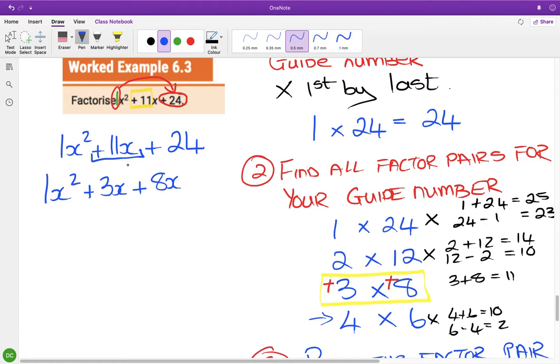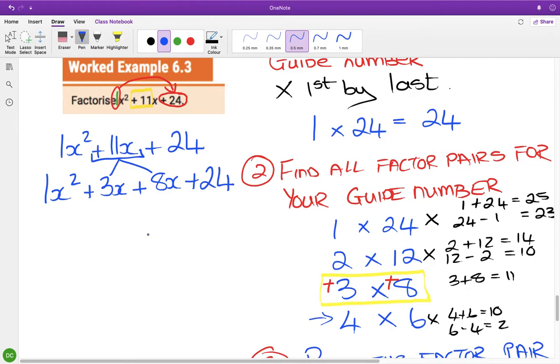That makes sense? We're splitting the 11 up into the 3 and the 8 because that's the one we chose over here. But the 11 has an x on it, so you need to put an x on each of them. So if we add 3x and 8x, we get 11x. I'm basically just taking that 11x and rewriting it in terms of the factor pair that I chose. And then I have plus 24.